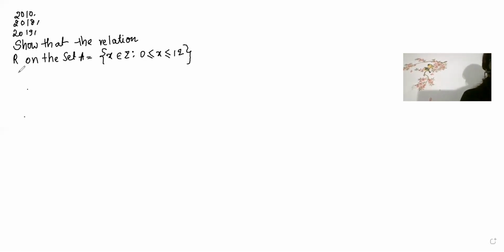Now, the relation is given by R equal to {(a, b) such that modulus of a minus b is a multiple of 4}.